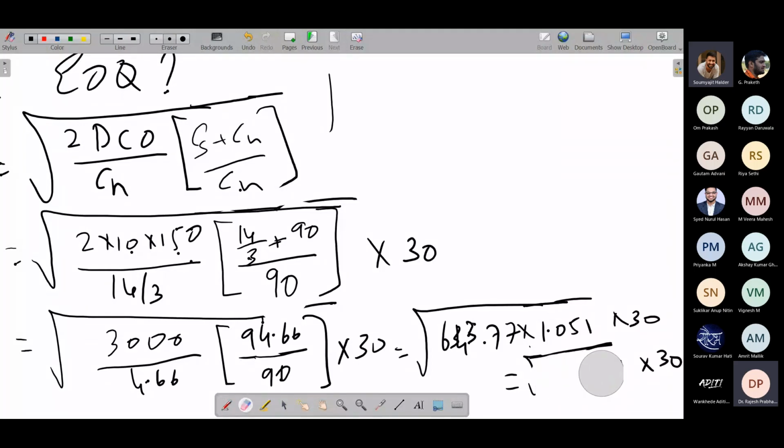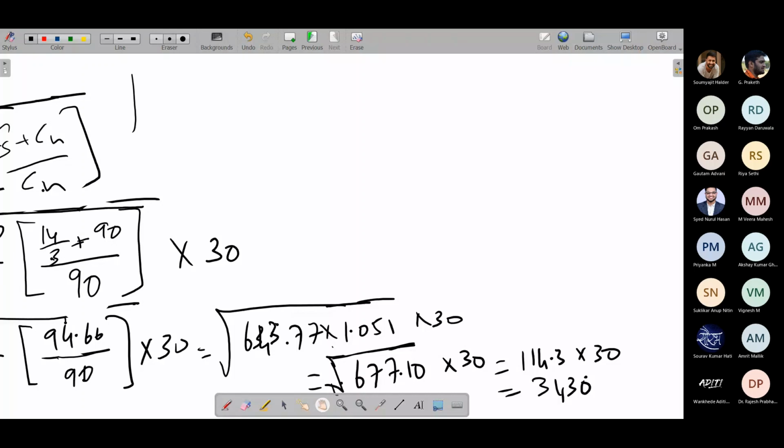This would be root of 677.10, 26.02, right? Yes, sir. 26.02 into 30 is 780. 780 units. Correct.